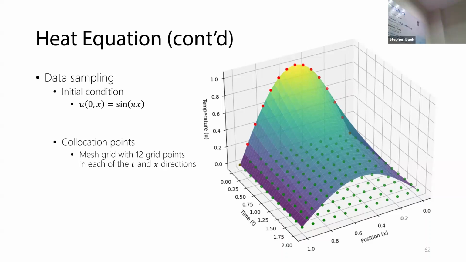Now for collocation points, we're going to set a mesh grid of 12 by 12 grid points. Again, here I just uniformly sample, but I could, for example, have more collocation points earlier in time because I know that in the diffusion equation, the dynamics is more interesting at the beginning.